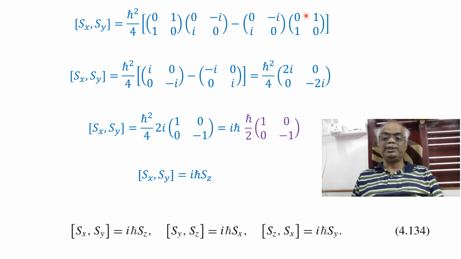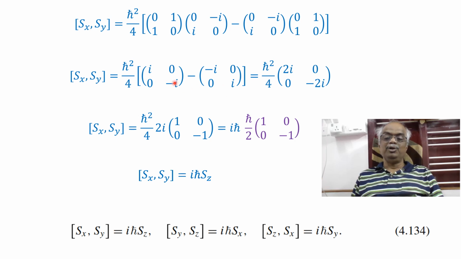You do the same thing for the other matrix product. First row, first column, you will get −i. First row, second column 0. Second row, first column 0. Second row, second column is i. Now you can notice this has a negative sign. So if you subtract both matrices, you get minus of minus i, which is plus i, that is plus 2i.